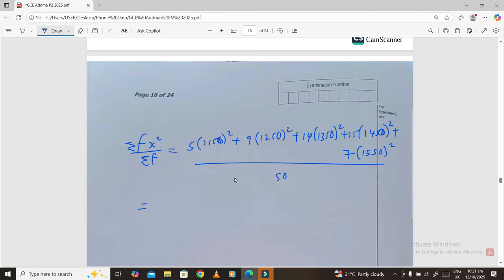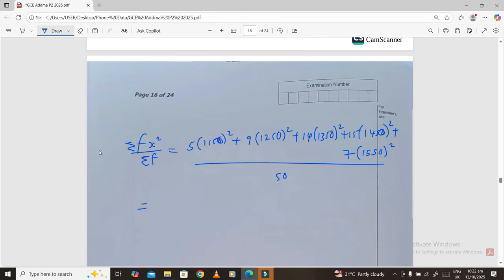So we just simplify. 5 open bracket 1150 power 2 plus 9 open bracket 1250 power 2 plus 14 open bracket 1350 squared plus 15 open bracket 1450 squared plus 7 open bracket 1550 squared.